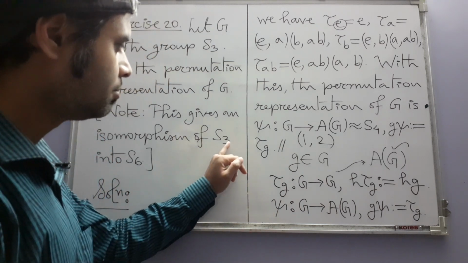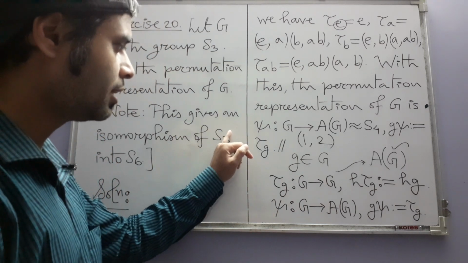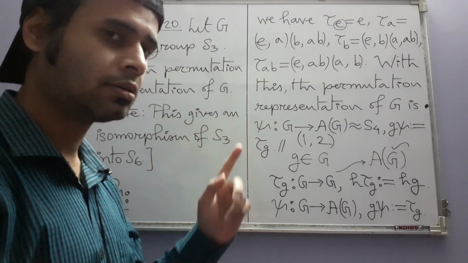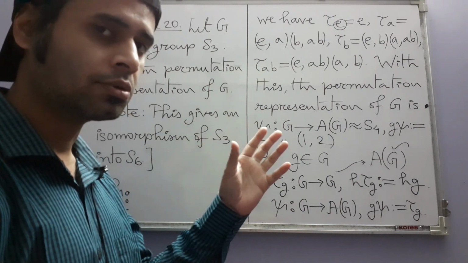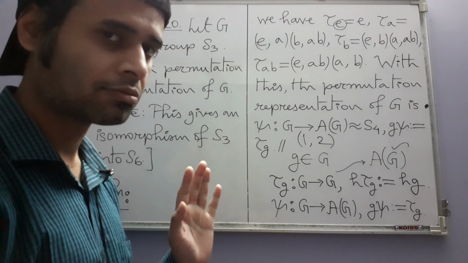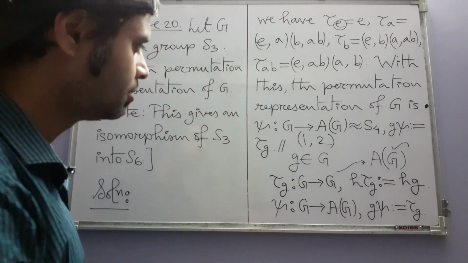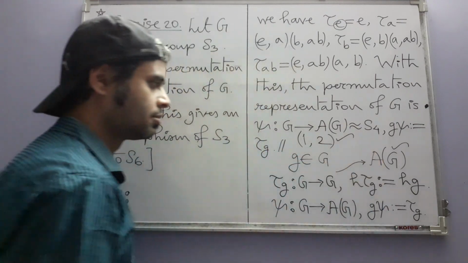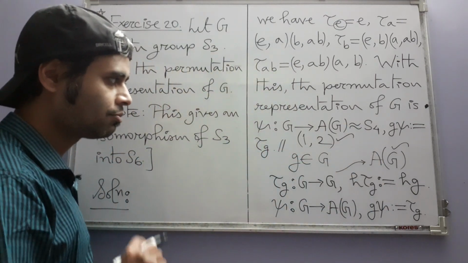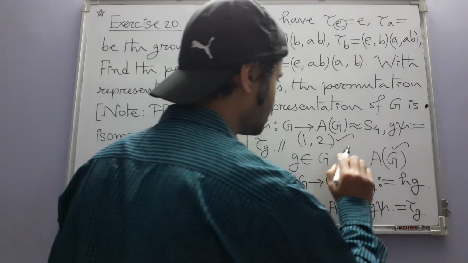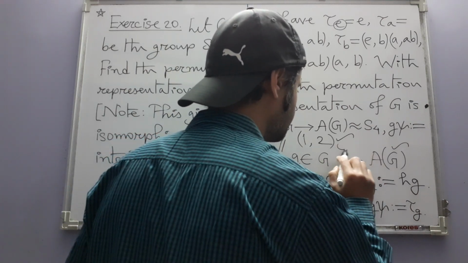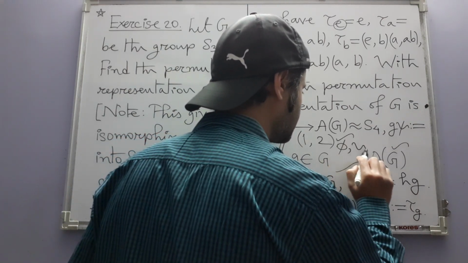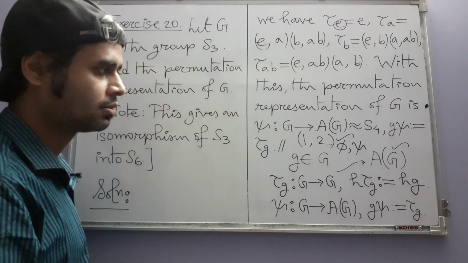However, when we were introduced to S3 for the first time, when examples of groups were presented to us for the first time in the beginning of group theory, then we did not know about these notations. Then what we did, we used some names, phi and psi, for this type of functions.